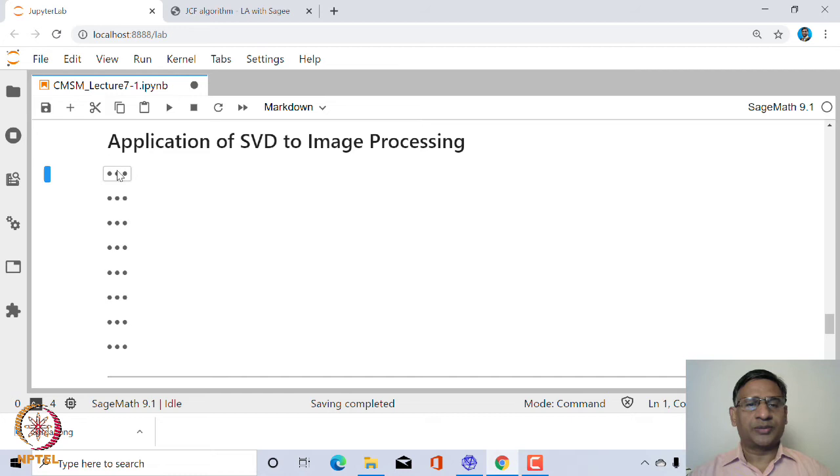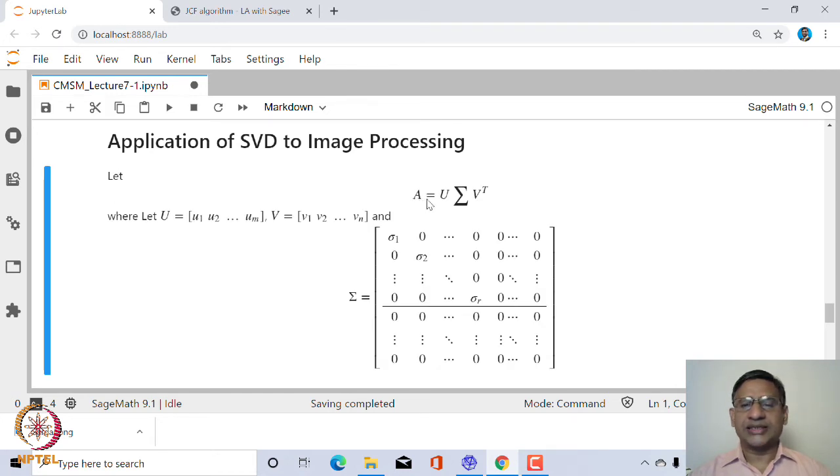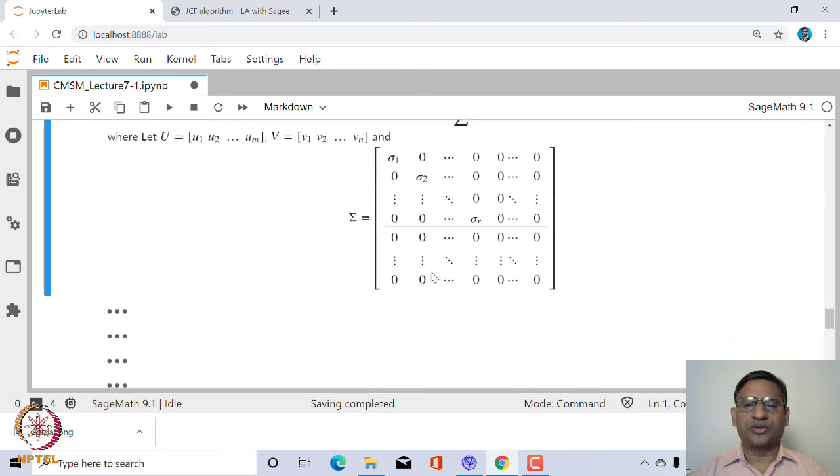Let us recall that if A has singular value decomposition U sigma V transpose, where U we will write as columns U1, U2, ..., UM and V as column vectors V1, V2, ..., Vn, and sigma, if A is an M by N matrix, will be an M cross N matrix of this form, where sigma 1, sigma 2, ..., sigma r are singular values of A, with the condition that sigma 1 is greater than or equal to sigma 2 is greater than or equal to sigma 3 and so on. So we are assuming the rank of A to be r.